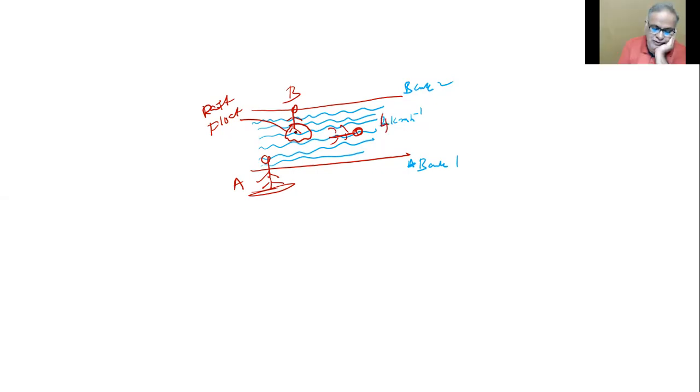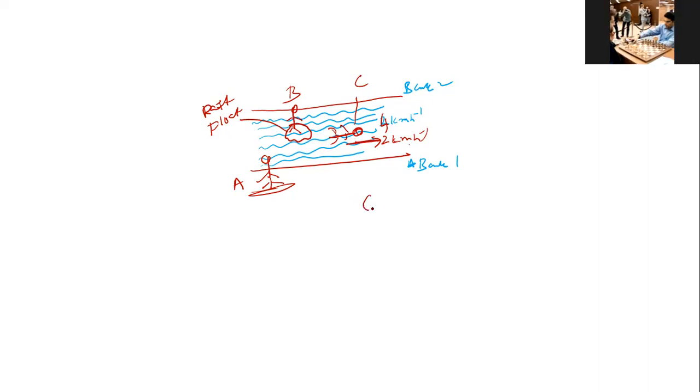Now, this fellow swims with 2 kilometers per hour with respect to B. That means for B, waters are like a pond. And this swimmer, I will call him C, is moving with 2 kilometers per hour with respect to water. And for A, waters are moving with 4 kilometers per hour. So for A, the swimmer will have what velocity? 6 kilometers per hour.